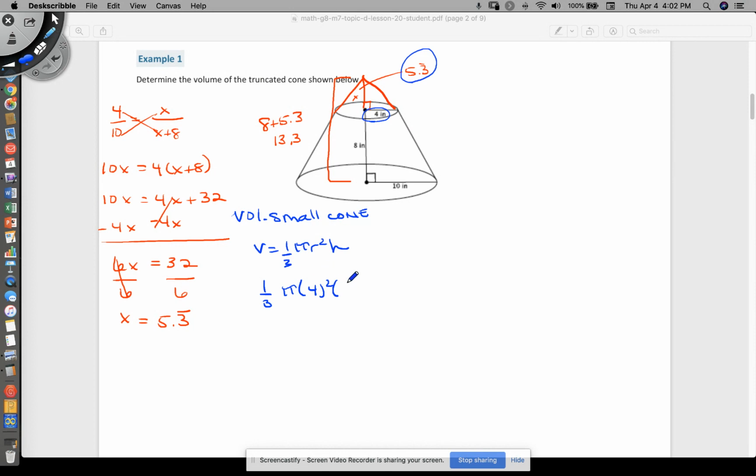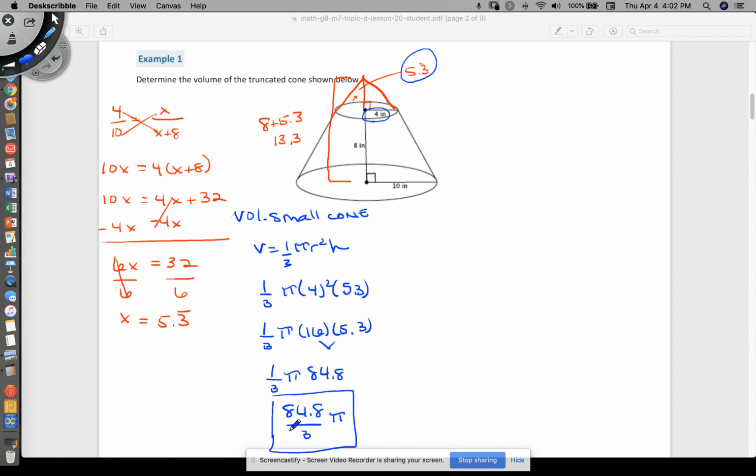It's right there, that's the 5.3. So this gives me 1/3 pi times 16 times 5.3. I'm going to combine those two, so I'm going to say 1/3 pi, and that gives me 84.8. And 3 can't go into that, so I'm just going to say 84.8 over 3 pi. All right, there's one of my answers.